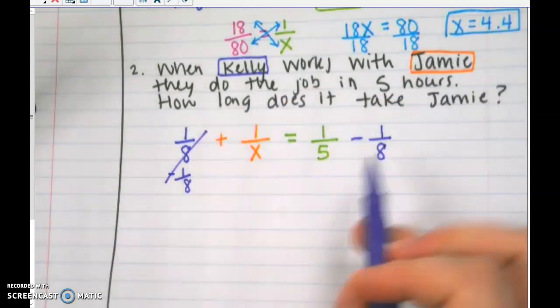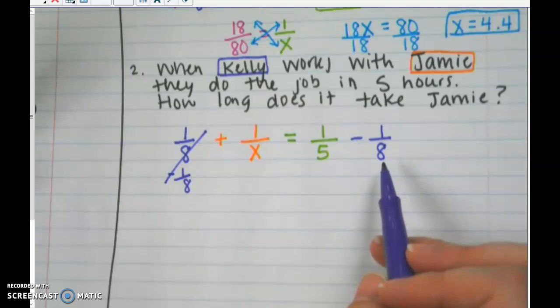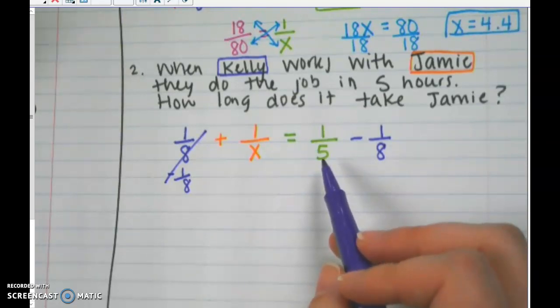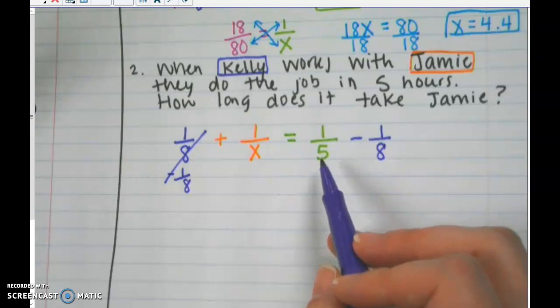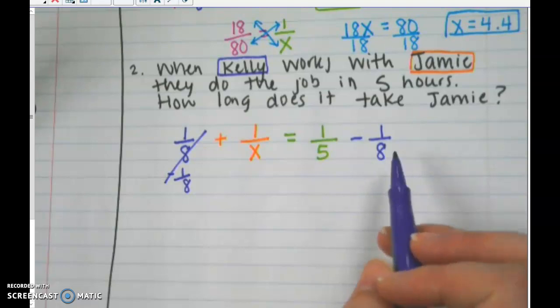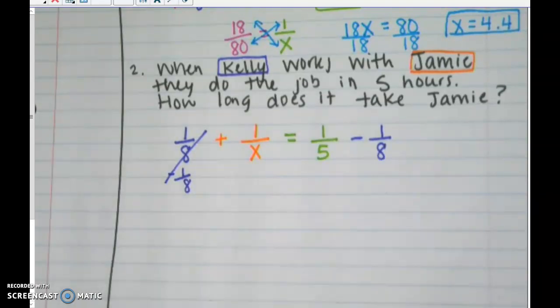All right, and so keep in mind fractions, the bigger the denominator, the smaller that number actually is, right? If you were sharing a piece of pizza with 5 people, you would have bigger slices than if you had to share with 8 people. As your denominator gets bigger, your fraction gets smaller.